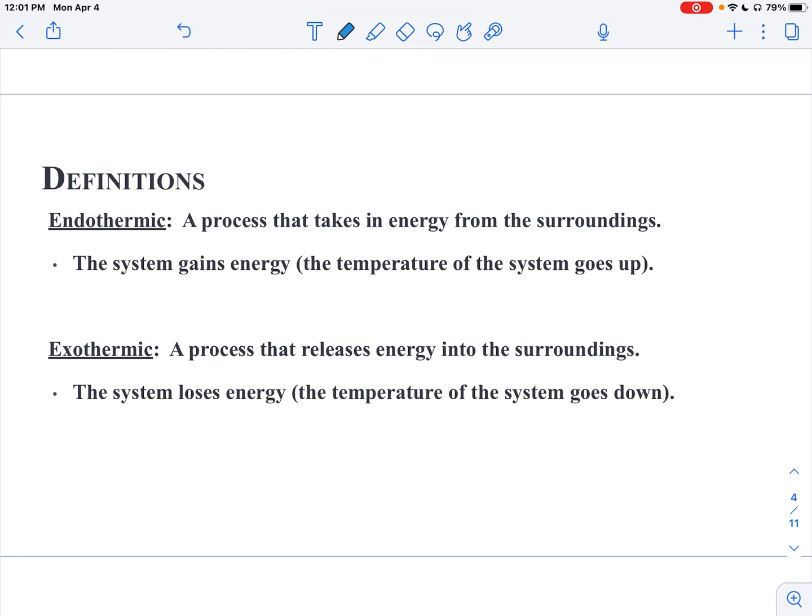The system in this case, you can think of as the actual chemicals or substances. The surroundings will be the water that the substances are dissolved in, the beaker that the reaction is happening in, the air around it, anything like that.